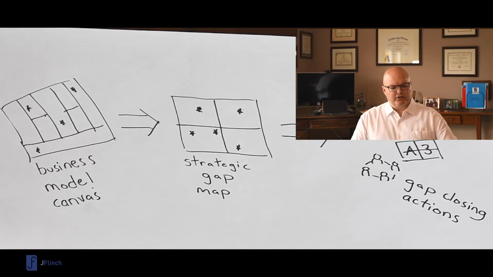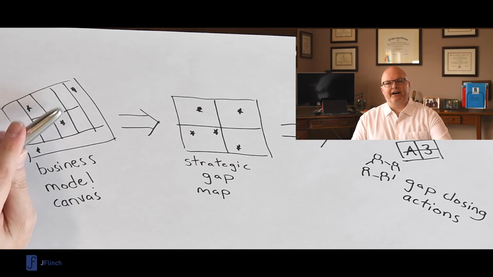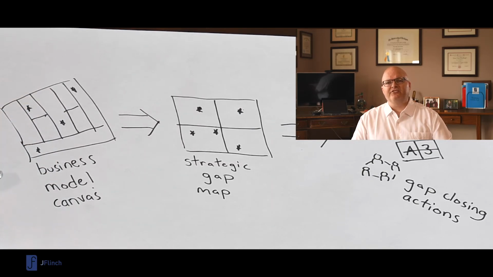We start with the business model canvas. This is a chance to have conversations, dialogues, or just individual thought process to explore your business model. And whether you're driving deeper on the same vector you've been on, or opening up and pivoting in a different direction, you're able to identify the different gaps that might exist on your business model canvas.